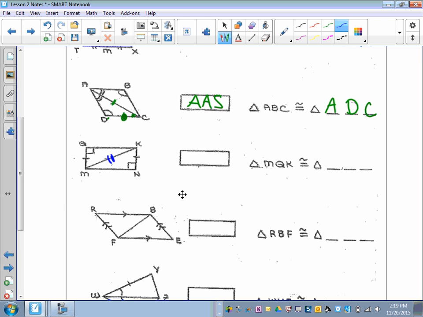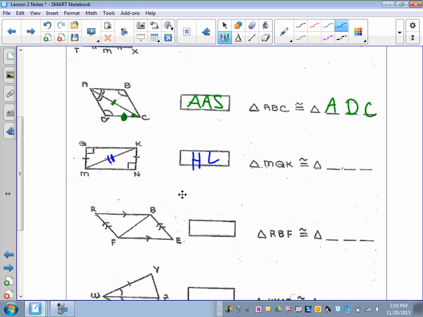What method can we use? Good, HL. Remember, side angle is not okay in this classroom. All right, so MQK corresponds with what? Very good. You might be tempted to start with M again.